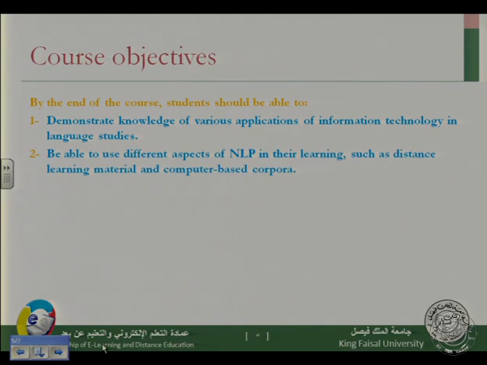Be able to use different aspects of NLP in their learning, such as distance learning material and computer-based corpora. Hopefully, by the end of the course, you will know how to use corpora and how to use distance learning material like the ones we are using here with you.